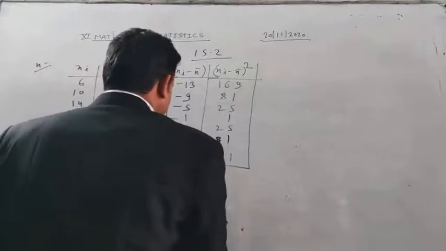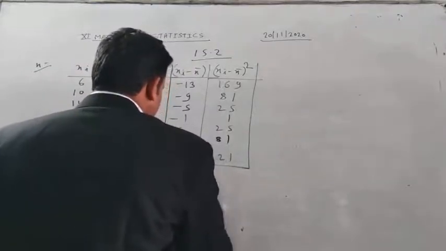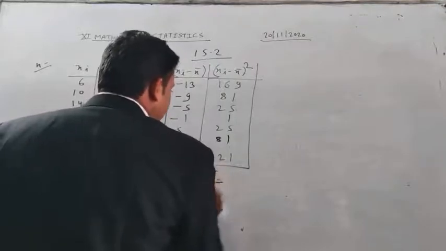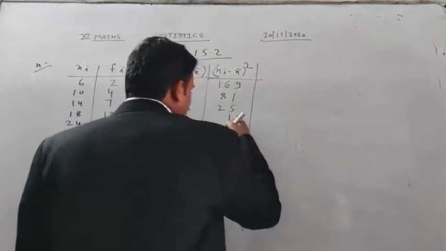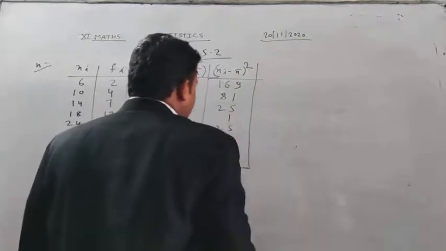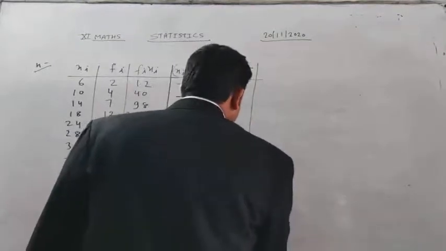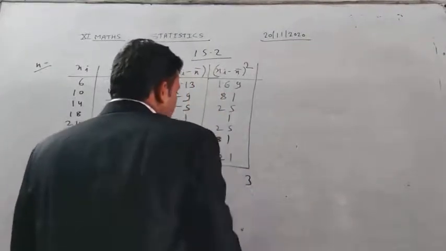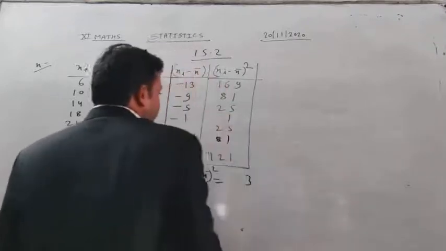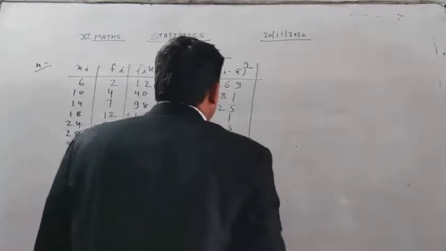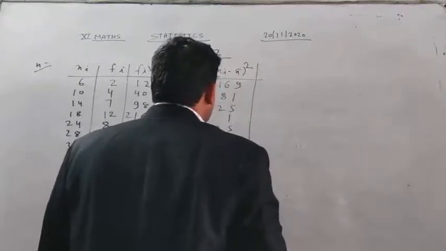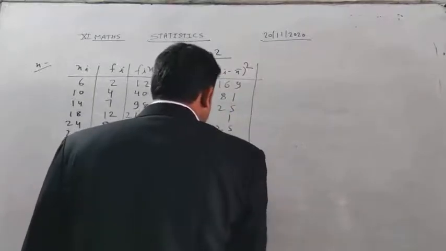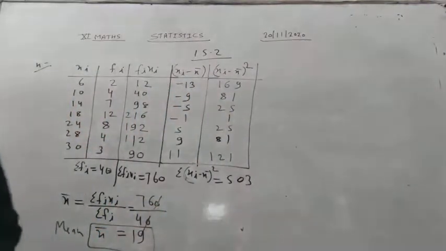Now add this, we get summation xi minus x bar whole square. 1 1 2 and 5 7 and 1 8, 8 5 13, 1 14, 14 and 19 23, and so on, adding up to the total.